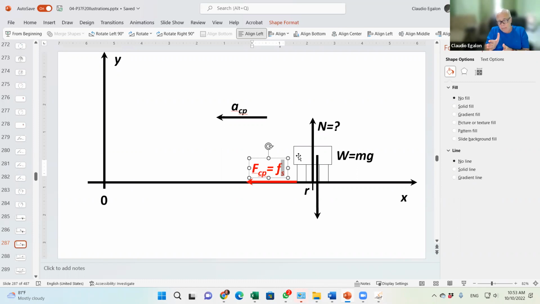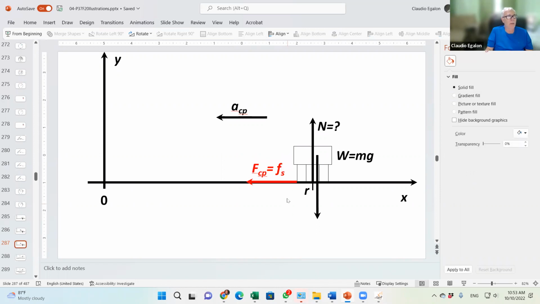It means that the car is moving away from the curve. You're breaking through the force of static friction, and instead of static friction, it becomes kinetic friction. You don't want to do that in this problem. You want to ensure that you stay within the values of the force of static friction.